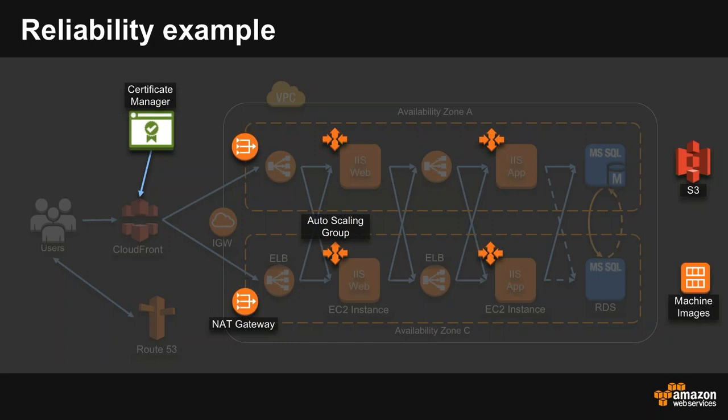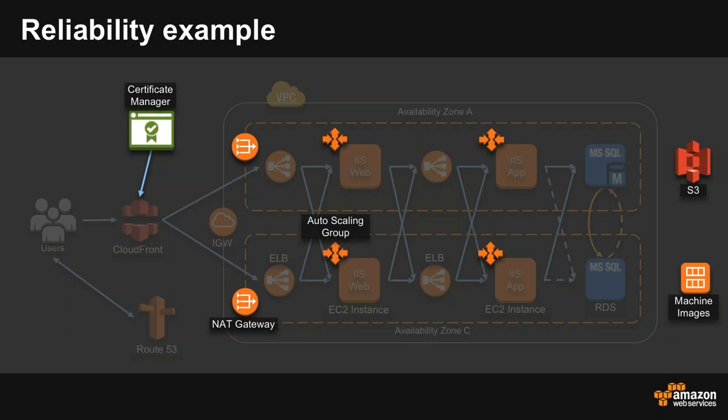Our IIS servers are placed into auto-scaling groups. Auto-scaling groups enable us to horizontally scale and add additional capacity based on EC2 instances to our elastic load balancers at times of peak demand.